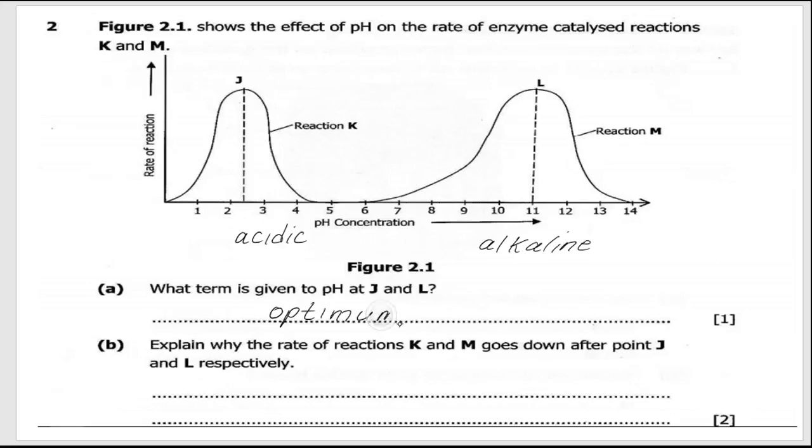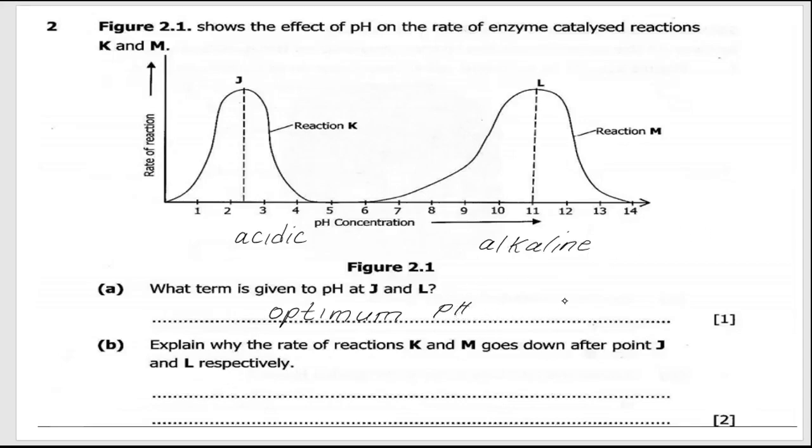So optimum pH. Yes, we call that the optimum pH. If it was temperature instead of pH concentration in the horizontal part, we would have said the optimum temperature instead of pH.